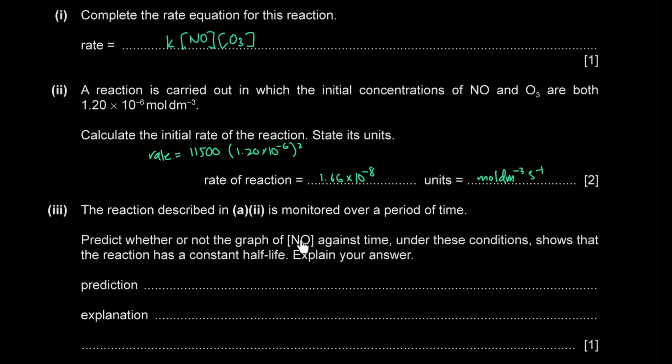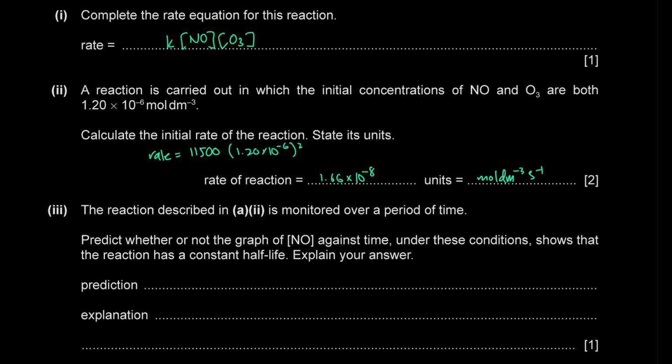The concentration of nitrogen monoxide will decrease over time. However, the concentration of ozone will also decrease over time, and that will also have an effect on the rate. So both of these reactants will have an effect on the rate over time, and therefore we can't determine the effect just because of nitrogen monoxide.